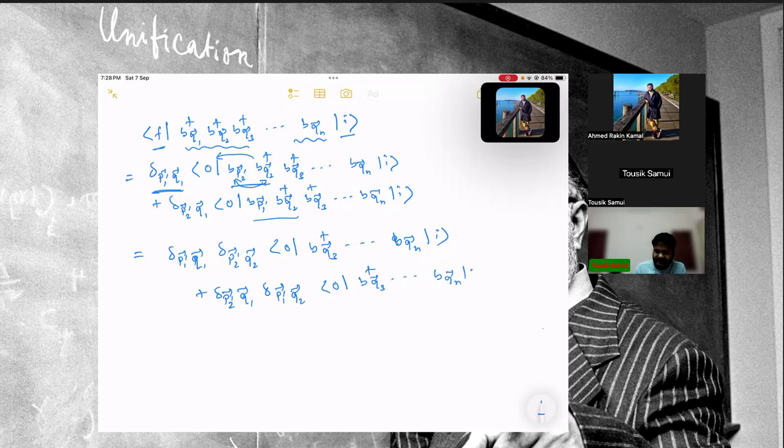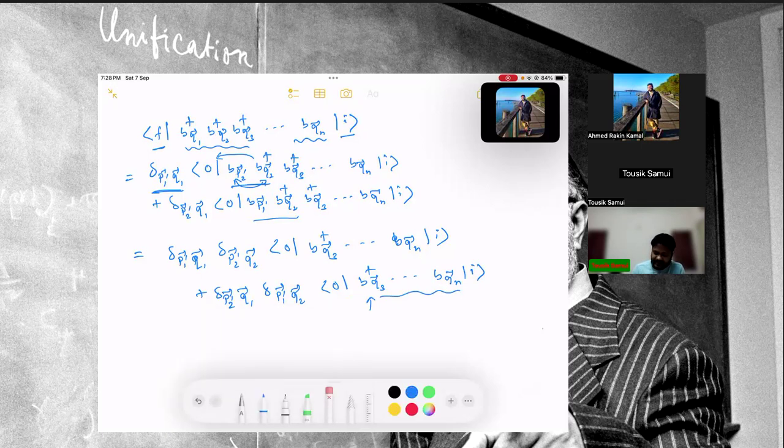Now notice that if we have B3 dagger, another extra dagger operator, it will make it 0. If the rest are all annihilation operators, then we don't have a problem, so this will survive.